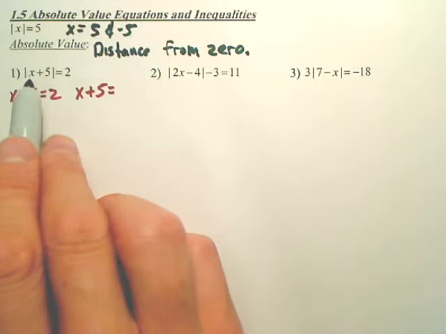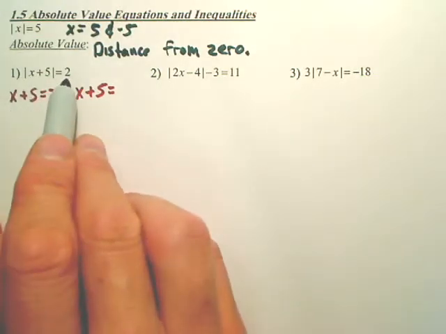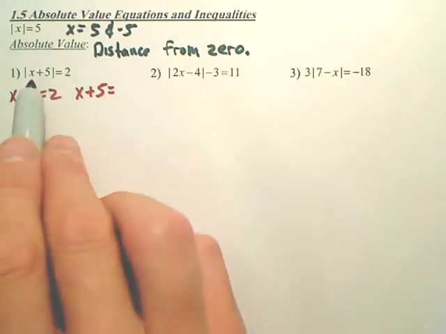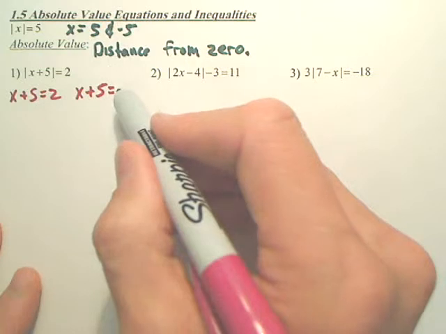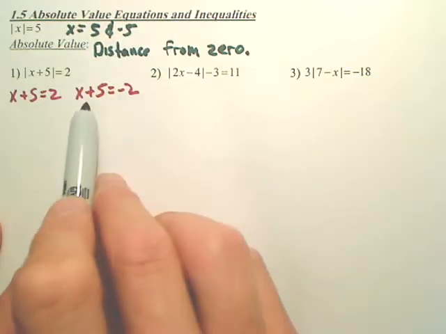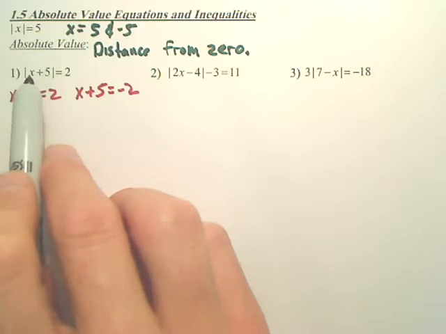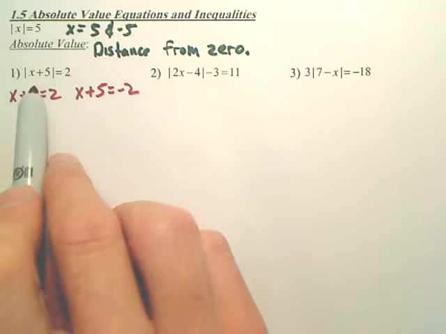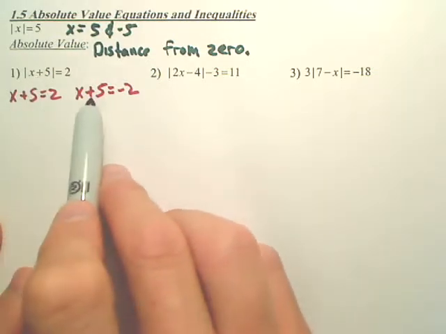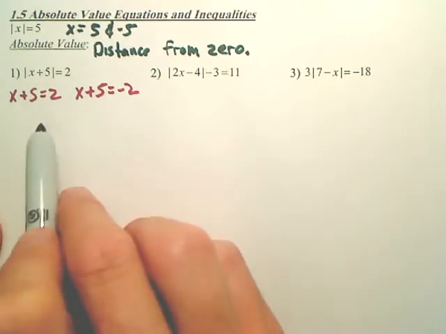What could this inside also equal so when you make it positive, it becomes a positive 2? If x plus 5 equals -2, do you understand? This becoming -2, would this be changed to a positive 2? So the inside here has to be 2, or the inside also has to be -2. There's two possibilities.